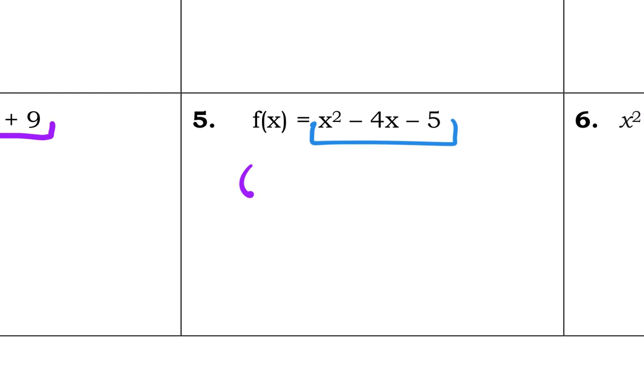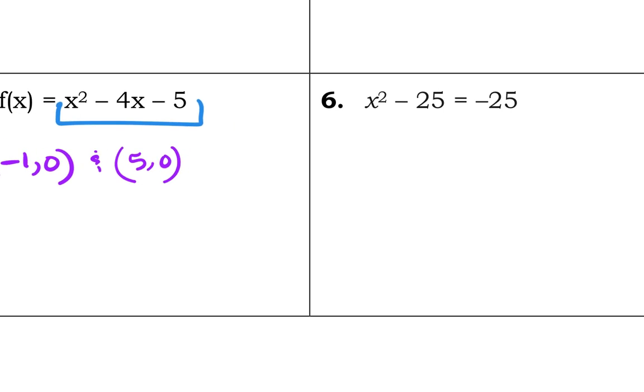Positive or negative 1? Negative. Good. So -1, 0. All right, and the other one, Liam, where's the other one hitting? 5. So -1, 0, and then 5, 0. So this one had 2 solutions. It may just ask you how many solutions it has. So sometimes your answer would just be 2 solutions.